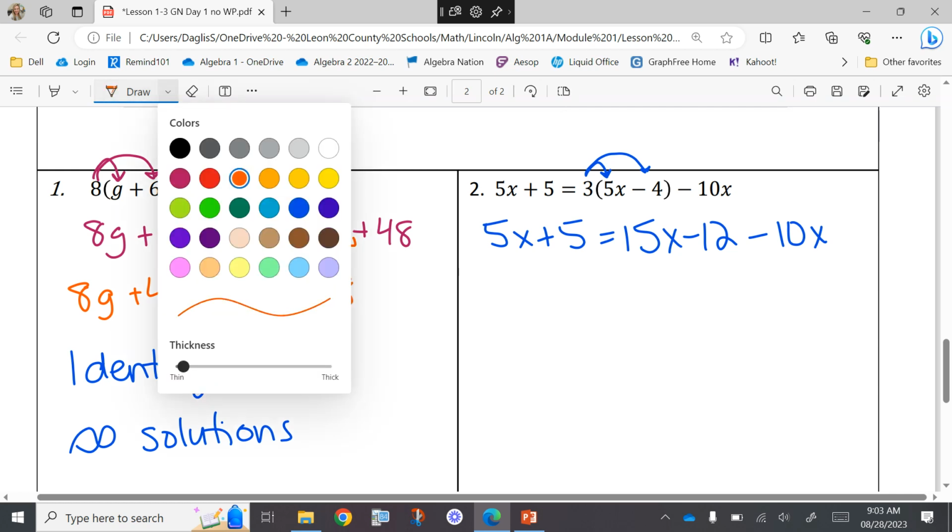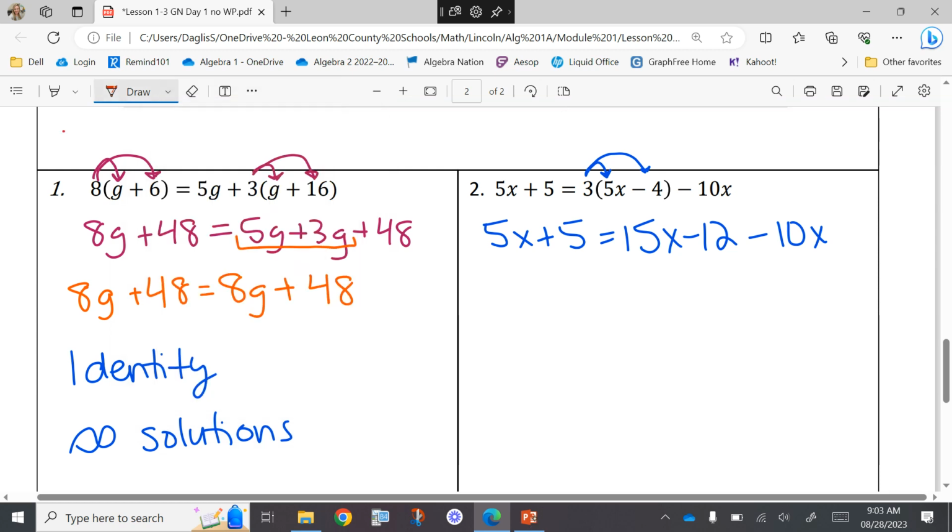Okay, is there a lot going on? Yes, so is there anything we can simplify and combine together anywhere? Which ones? Good, or not the 5. The 15, because they're on the same side. You're good. So if I put those two together, I'm going to kind of do up here. 15x minus 10x, what is that going to give me?